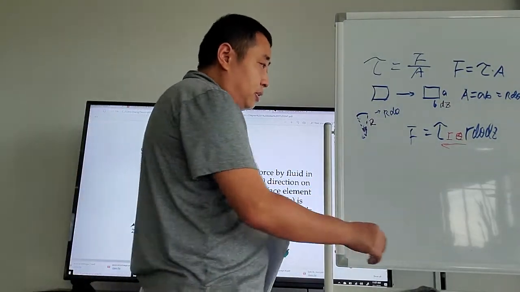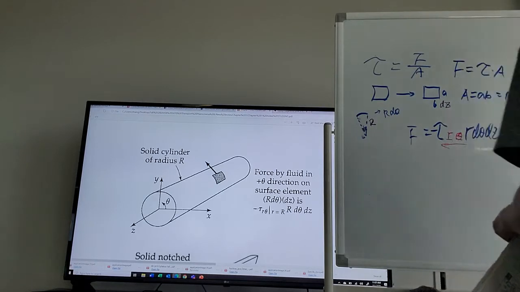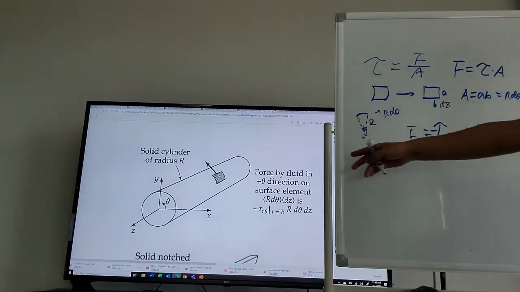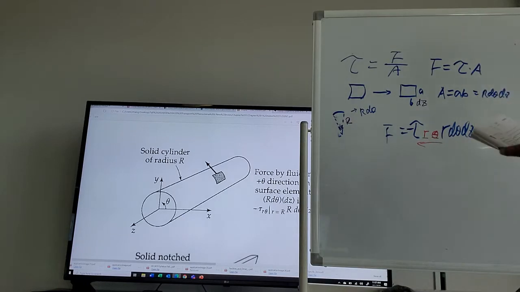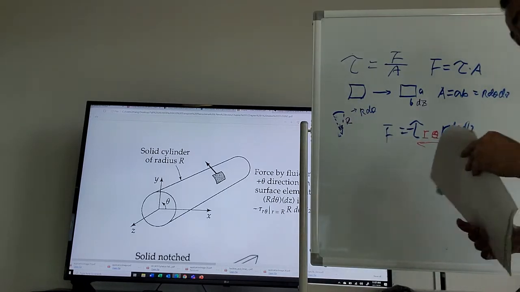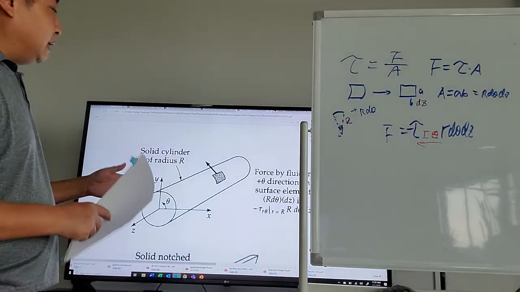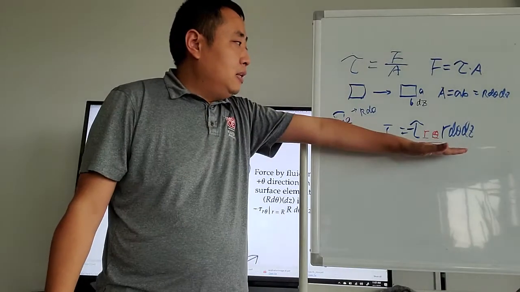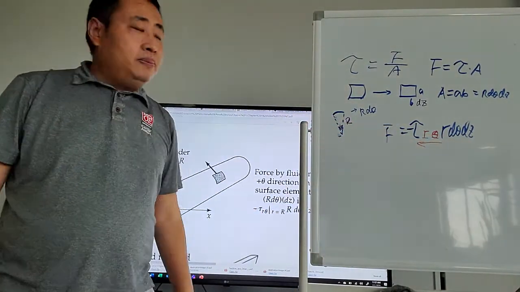And also, there's a negative sign because along the positive r, the velocity decreases. But for now, don't worry about the sign. Okay, so make sure you can get the area and the stress correct.